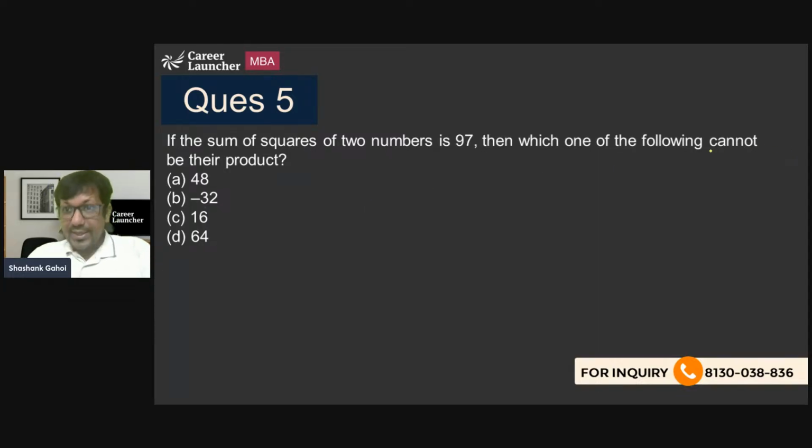Remember this, it is cannot, not can. So take a couple of minutes, think what approach you can take, because this is a tricky one.